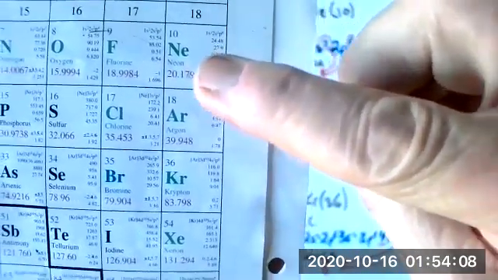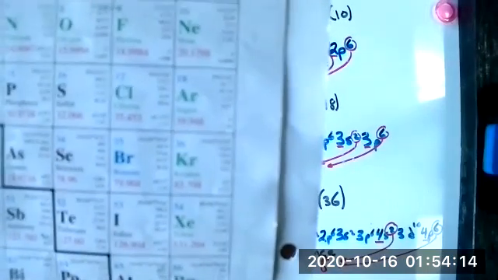I bet you have heard a name applied to these guys to the far right. And that name you probably heard before was noble gases. Yeah, these are noble gases. You've heard of them before. These guys on the far right are extremely stable, and that's why they were classified and given the name noble.